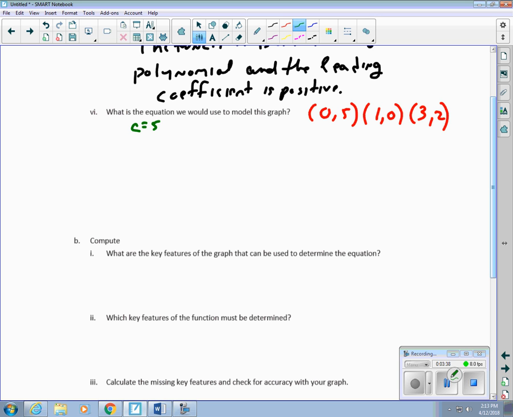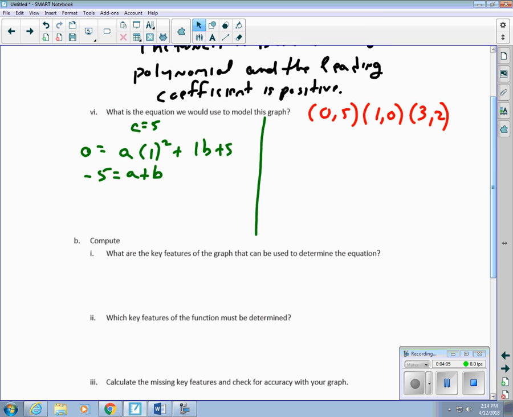So we can do our first equation as 0 equals a times 1 squared plus 1b plus 5. That's using (1, 0). When I simplify, I get negative 5 equals a plus b. All it is is simplifying so that I get a and b on the same side.